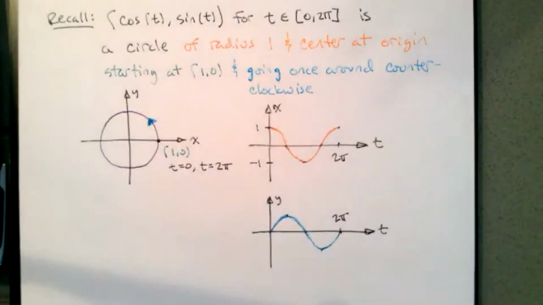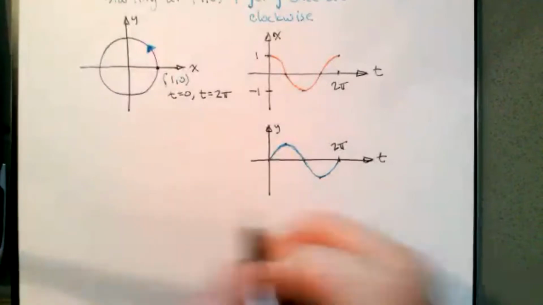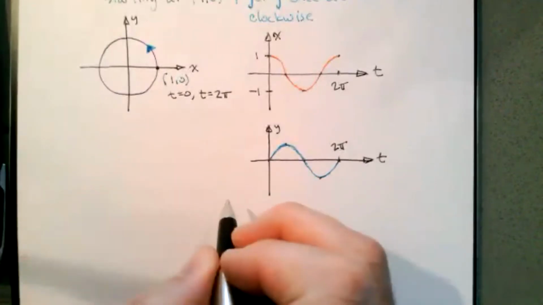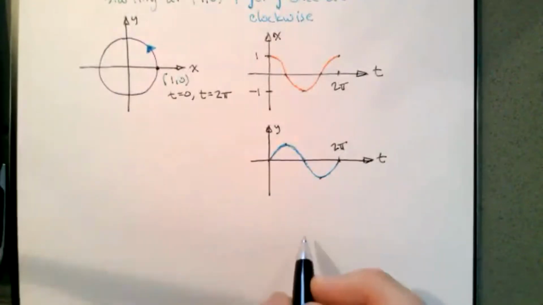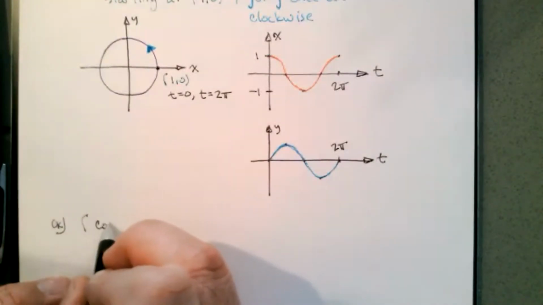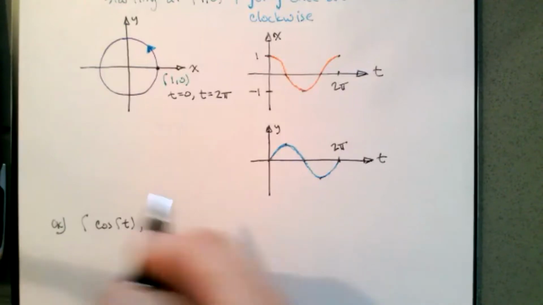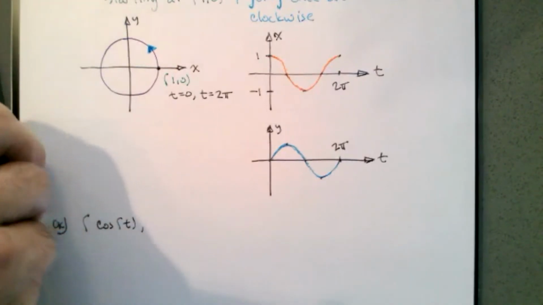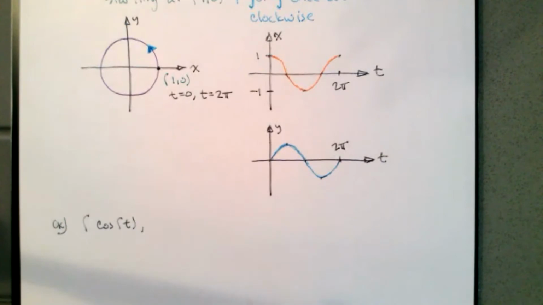So let's do this as a second example. I'm going to keep cosine of t as my x coordinate, but I'm going to trade my y coordinate for negative sine of t.